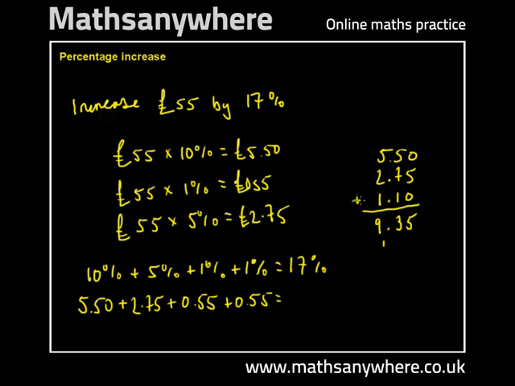So we need to do one last addition, and that is £55 add £9.35, which will give us, it ends in 35 pence, carry the 1, 9 plus 5 is 14, 5 plus 1 is 6. £64.35, and you can check it on a calculator if you want to make sure it's correct.